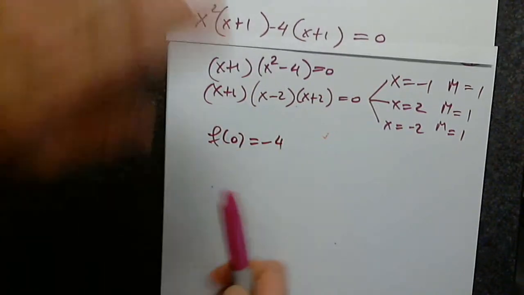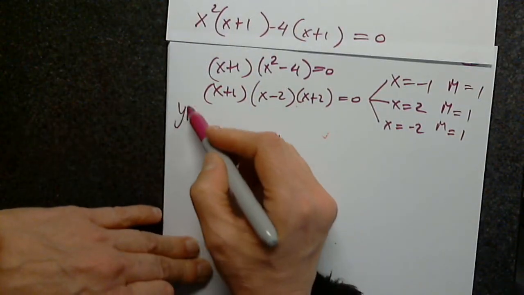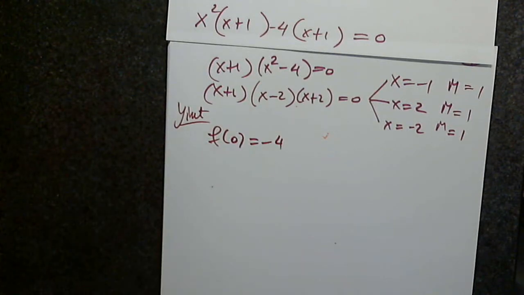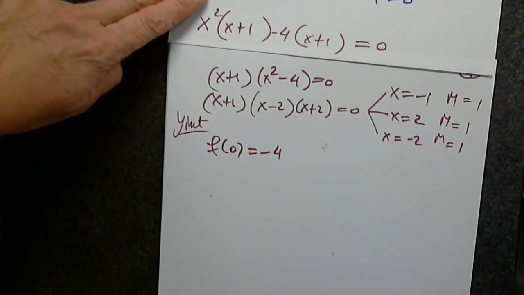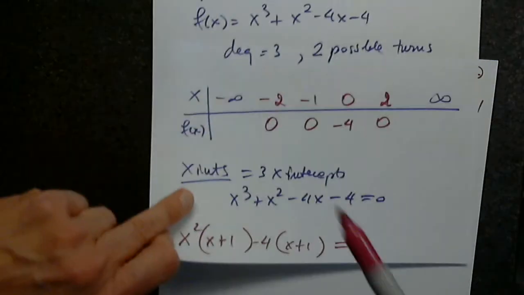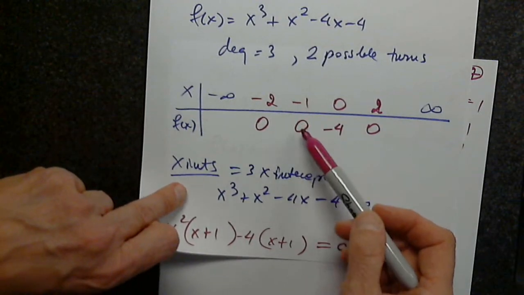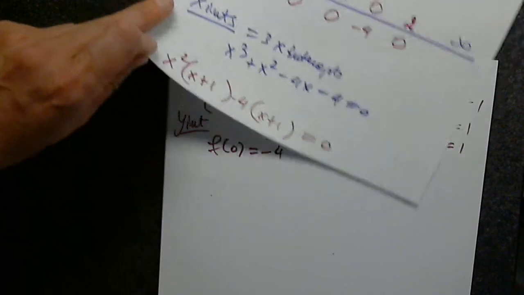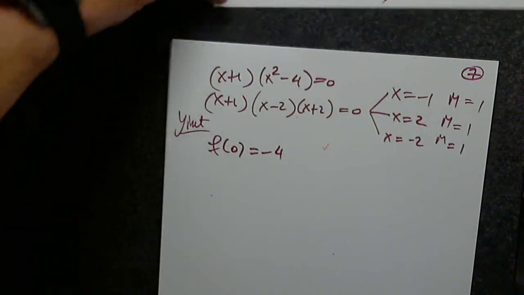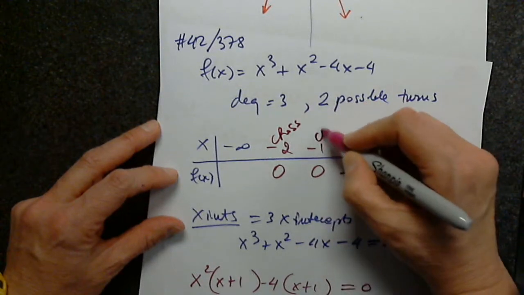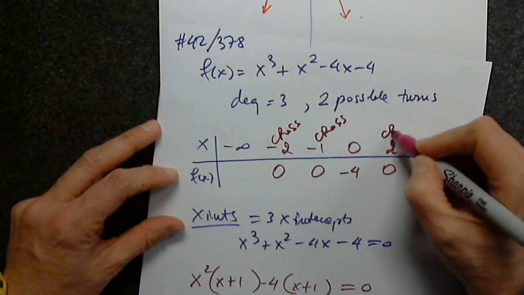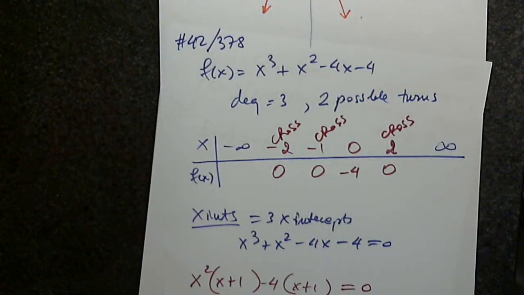So we determine the x-intercepts, and this is the y-intercept when we make x equal 0. What do I have to write on top of -2, 0, -1, 0, and 2, 0? Exactly. Plain, simple cross. That's my note to myself.